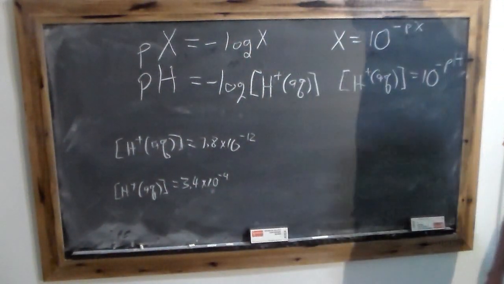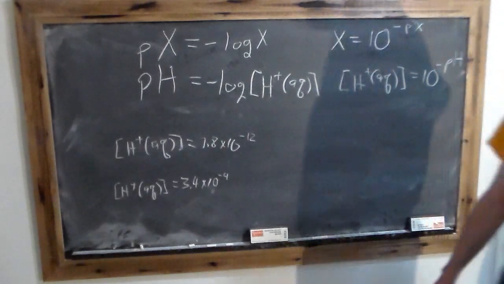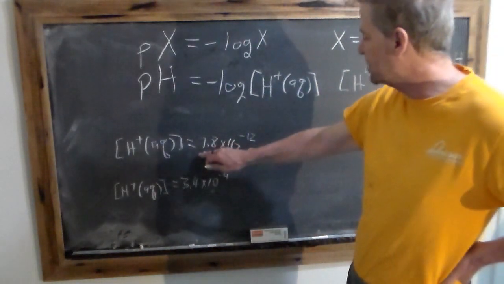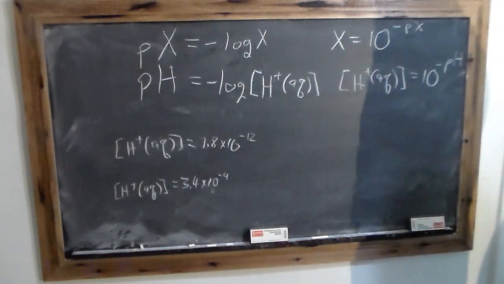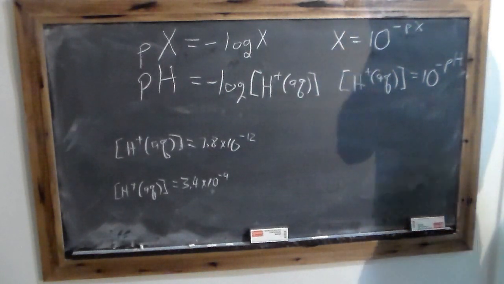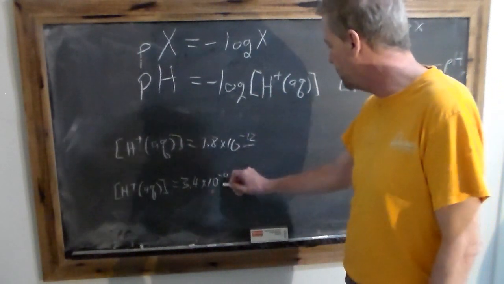If I ask you which one of these numbers is more acidic, which one is bigger, it's an easy mistake to say, well, 7.8 is bigger than 3.4. Therefore, it's the bigger number. But that would be wrong. Because 12 is so much bigger than 4.